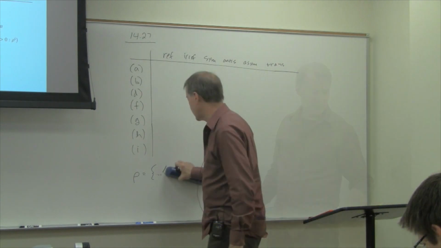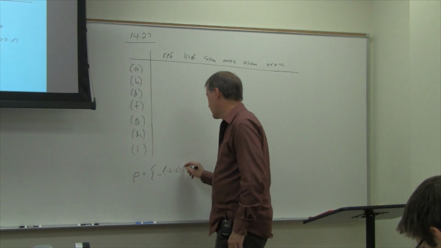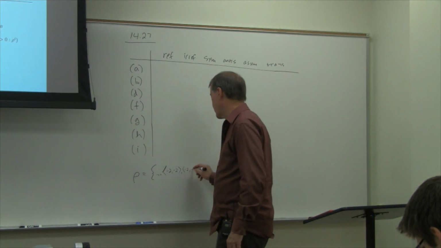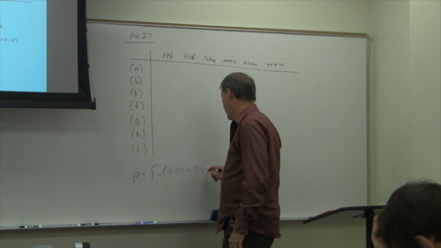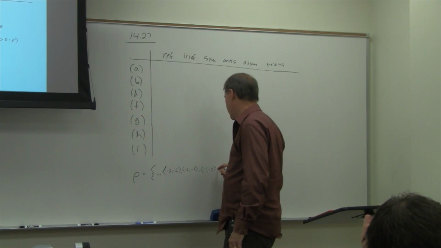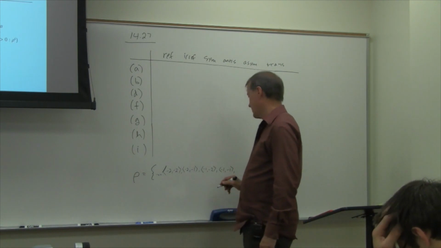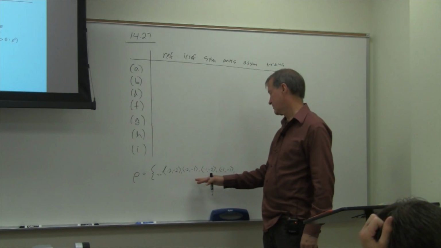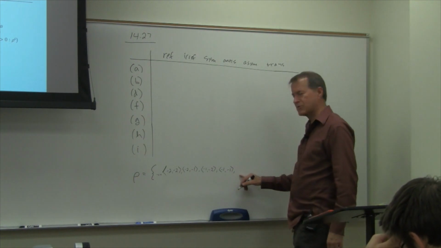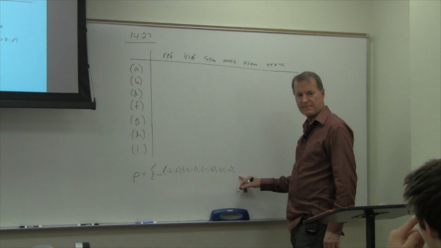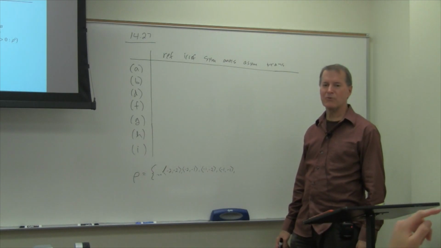It could be (-2, -2), (-2, -1), (-1, -2), (-1, -1), and a bunch more before that, right? And how about (0, 0)? Well, see, 0 is neither positive nor negative.